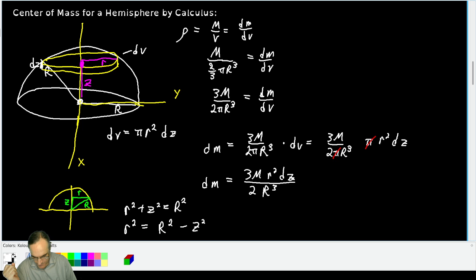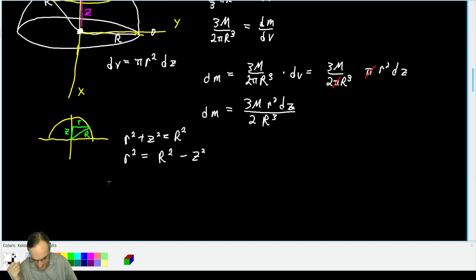Okay, looking at z, we start at the bottom, we go to the top. We're going to be integrating from 0 to big R. So let's do this. Z center of mass will be equal to 1 over M integral of z dm.